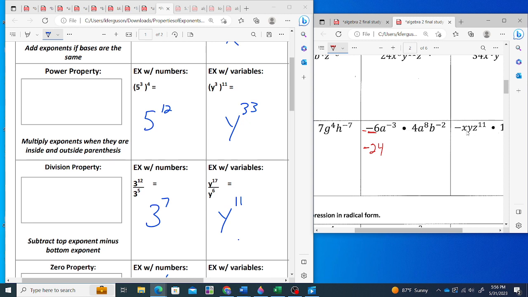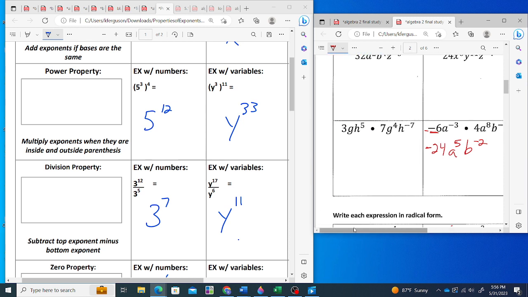So like I was saying earlier, what I think you should do is, okay, so a is my base. I'm going to take negative 3 plus 8. I'm going to write that down so I can see it and say, okay, negative 3 plus 8, that's a positive 5. And then I'm going to have b. Well, there's only one b. There's just this one, b to the negative 2, right? And we'll come back to that in a second.